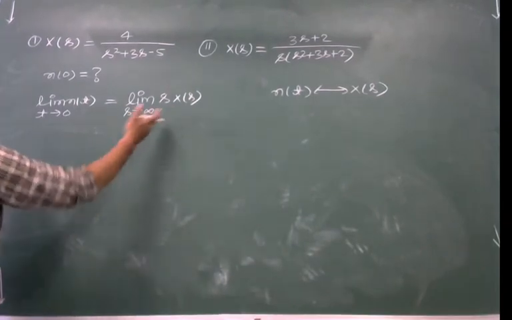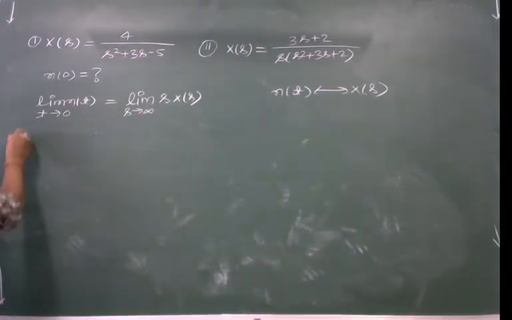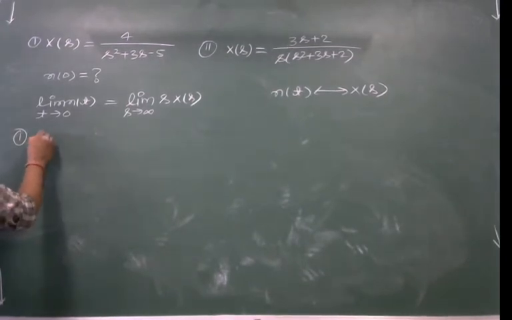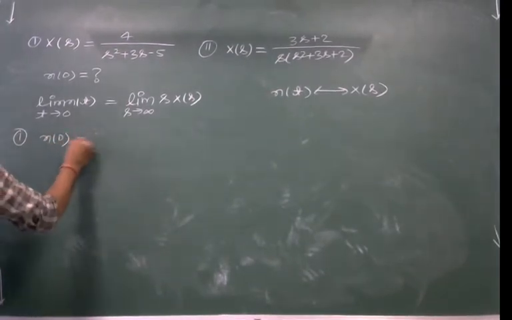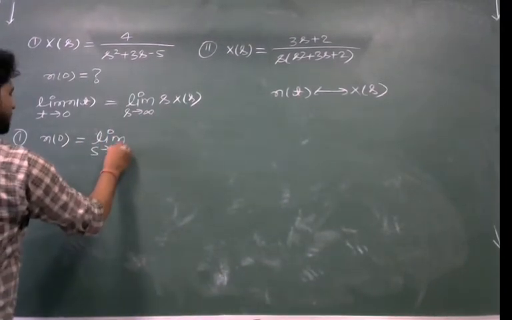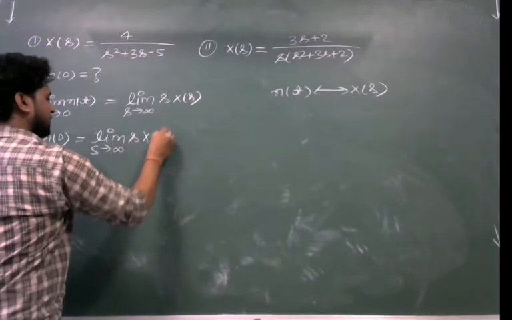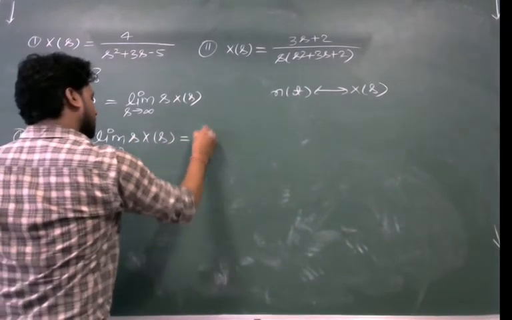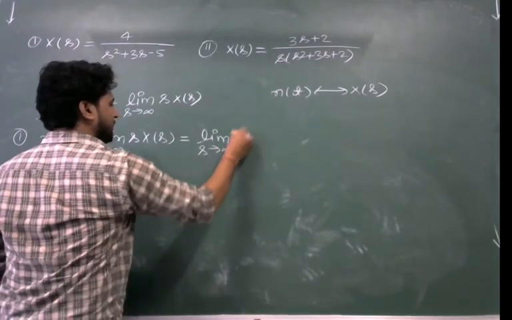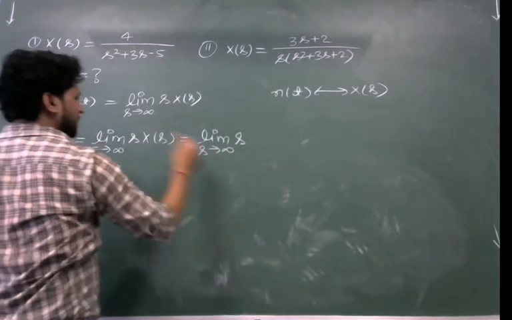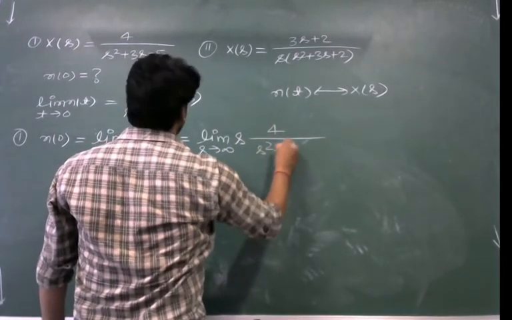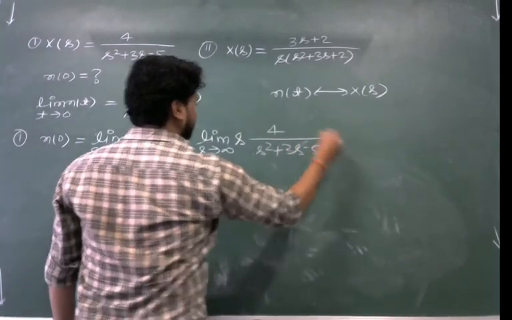So X(s) in the first case is 4 upon s square plus 3s minus 5. I will write x(0) as limit s tends to infinity of s into X(s), which is 4 upon s square plus 3s minus 5.